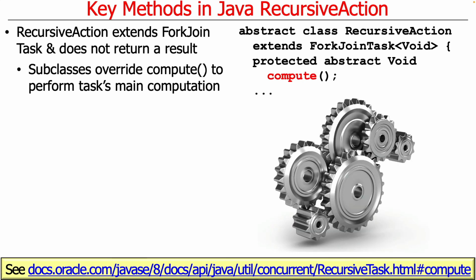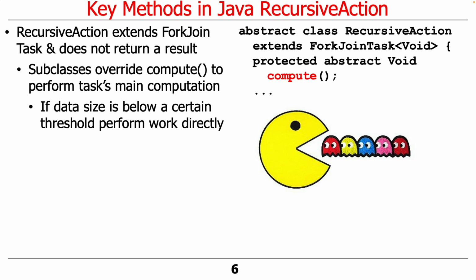When you use RecursiveAction, you override its compute hook method to actually perform the computation that you want taking place in that instance of RecursiveAction. Typically, and this should come as no surprise, this is the basic approach for all the ForkJoinTask stuff.